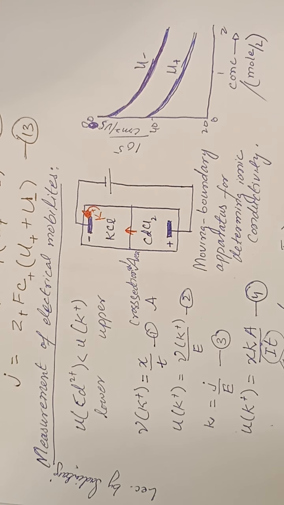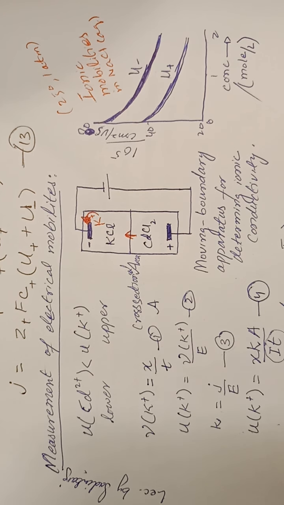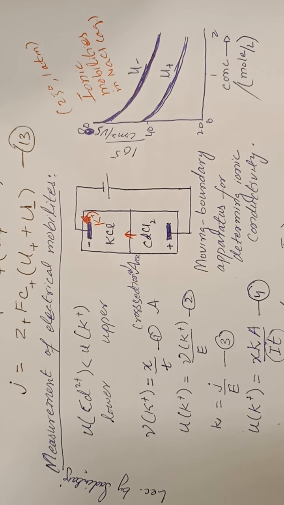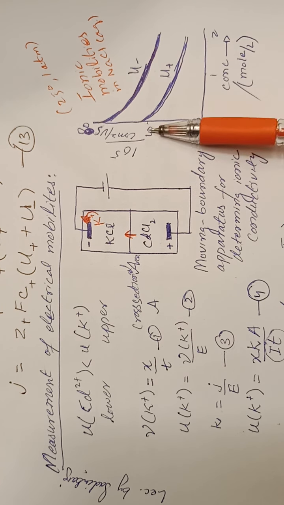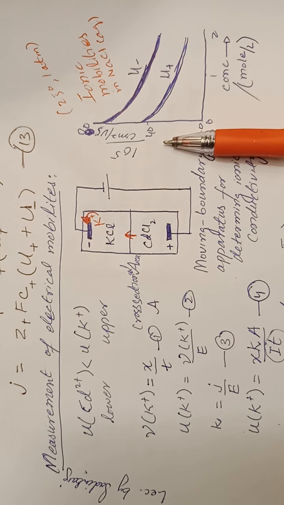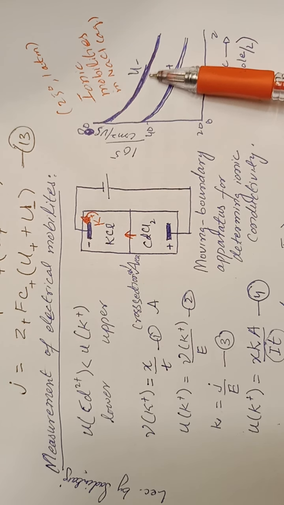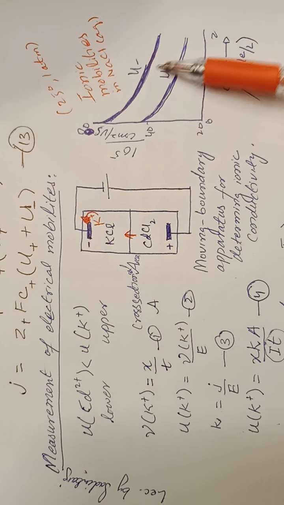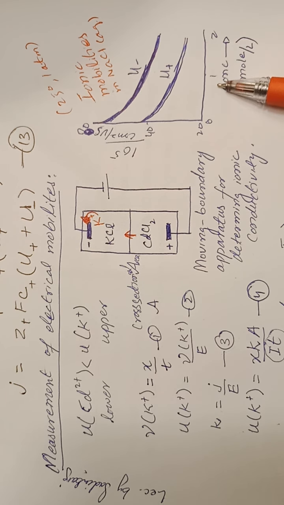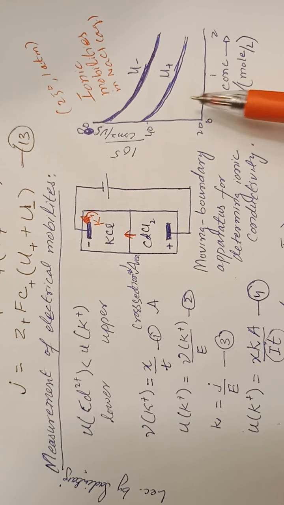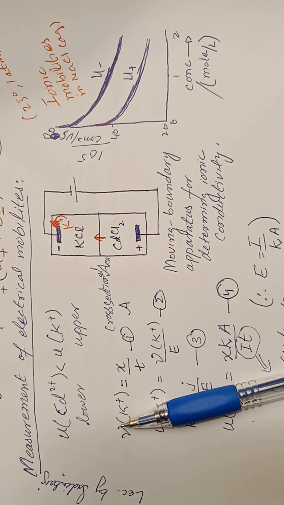Here we have an example for sodium chloride in aqueous solution at 25 degrees centigrade and 1 atmospheric pressure. From this graph we can see the concentration versus ionic mobility plot, in which the mobility of the chloride ions is higher than the sodium ions, whereas as the concentration decreases to infinite dilution, the electrical mobilities are increasing exponentially.